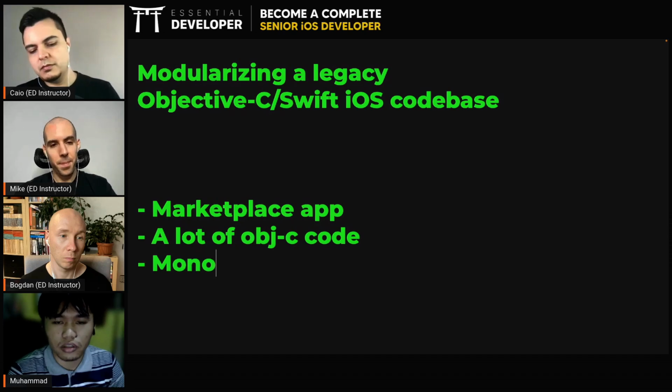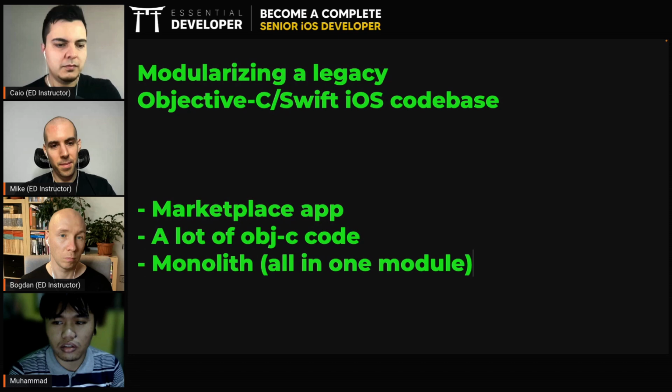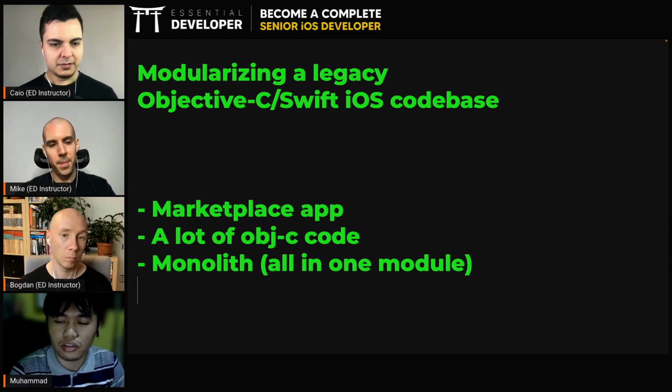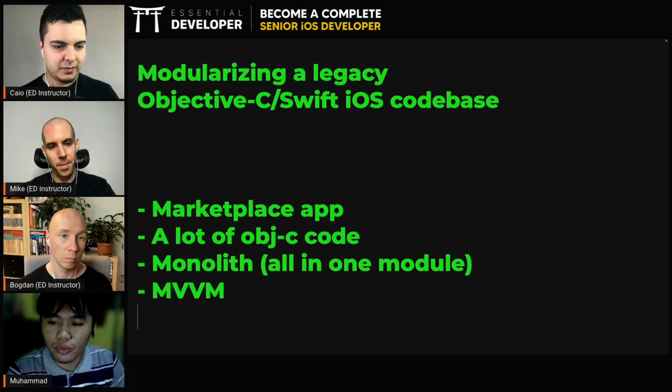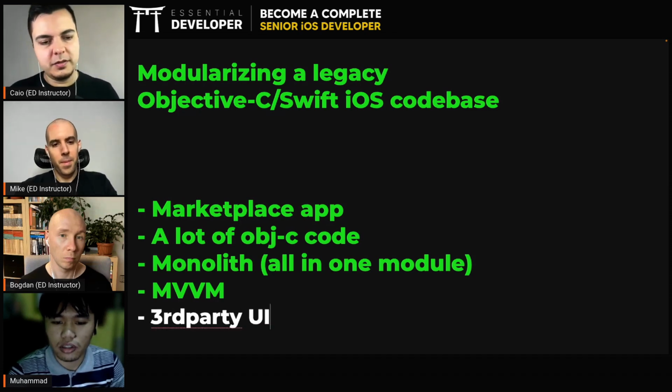The code base keeps growing and it impacts our day-to-day work because it slows down all of our debugging sessions, and it's hard to scale because of issues like tech debt in Objective-C and Swift, and we use WebView a lot. We also have problems with our MVVM implementation. We use third-party UI and we want to split it. We want to start decoupling it.